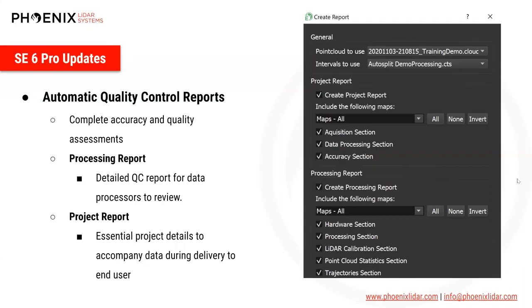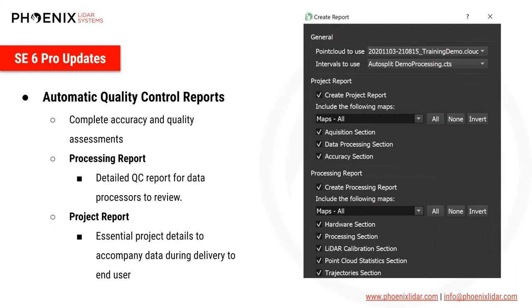We also give the ability to produce a project report. This report has information about data acquisition. It describes some of the processing steps that the data has gone through, and most importantly, states the final data accuracy. Typically, this is what an end user would be interested in.